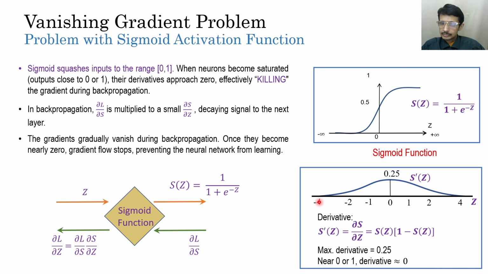The maximum derivative is 0.25, which is way less than 1. At the far values, the derivatives are very close to 0.